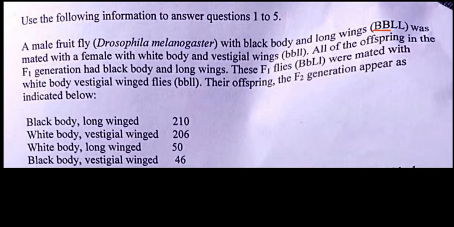So from here, if you are to conduct a cross between these two, if we are to cross these to get the F1, what you are going to observe is that all the F1 progenies are going to have this genotype.